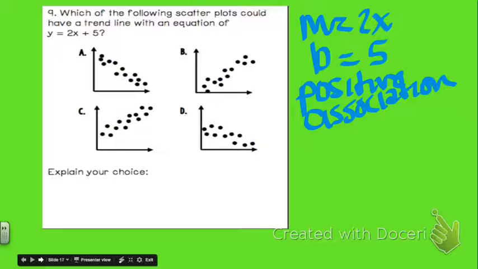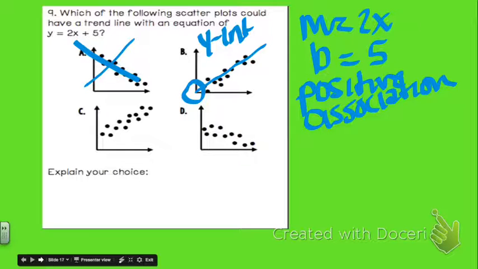Okay, so A looks like it is in a negative association, so A is out. B, okay, B is a positive association, so if I drew my line starting from here to the center of the data, it looks like my y-intercept is right here, so that would be a y-intercept of 0.